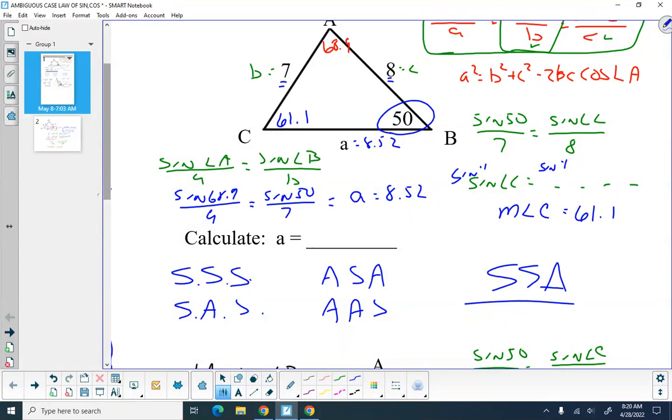A corollary is an offshoot. This would be true if the angle was obtuse. If the angle was obtuse, then the two triangles would be congruent. But we don't have that.